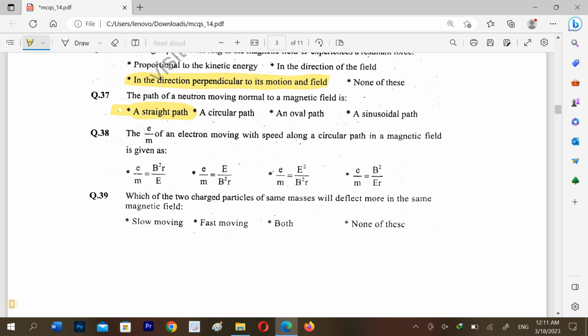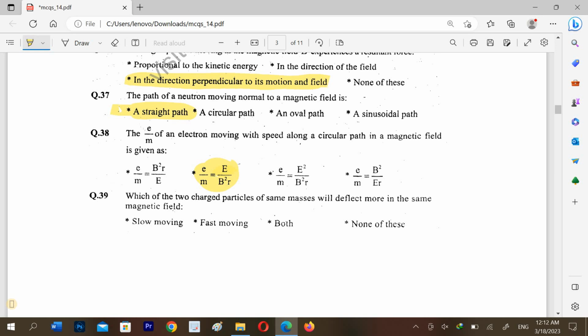The e upon m of an electron moving with speed along a circular path in a magnetic field is given as e upon m equals v upon B r.